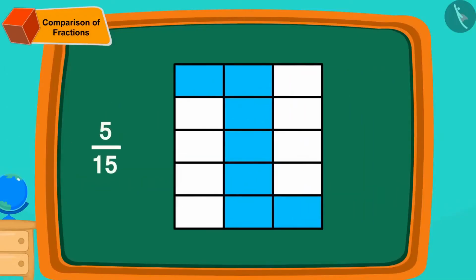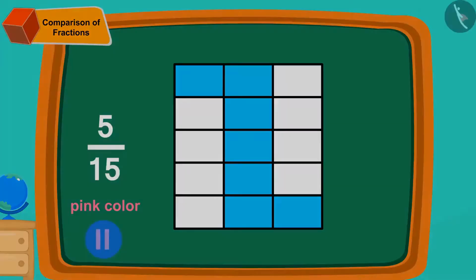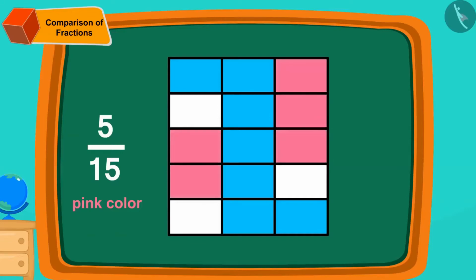Now, can you fill 5/15th sections in this design with pink color according to the design given by Chanda? If you wish to, you can stop the video and find the answer. Well done, children. You have filled the color perfectly. You can fill pink color in 5/15th parts of Chanda's design in this way too.